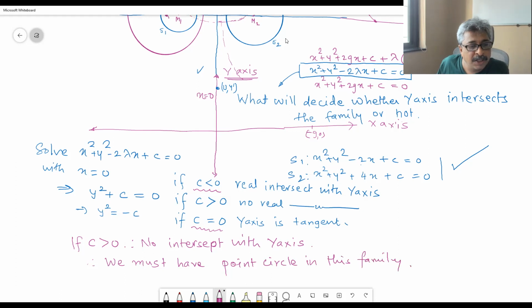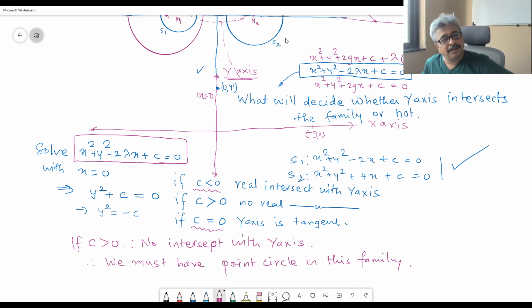So what are the coordinates of the center of the point circle? What is the radius of that circle? The radius of that circle is given by lambda square minus c is equal to r square.